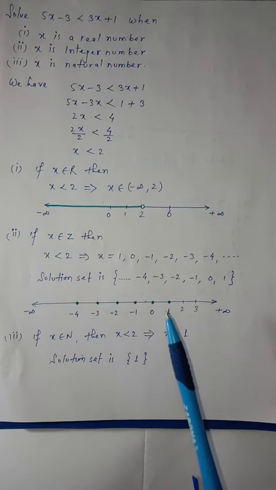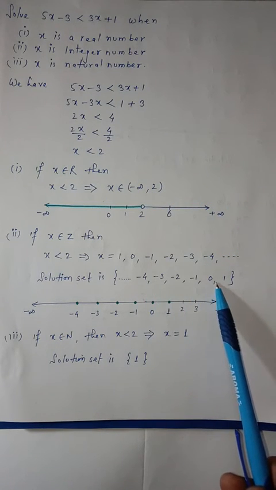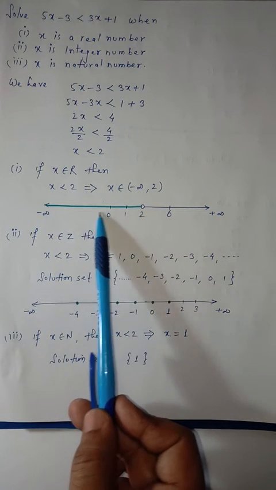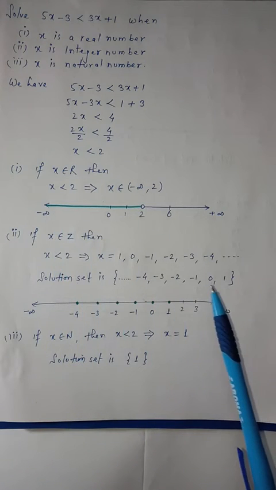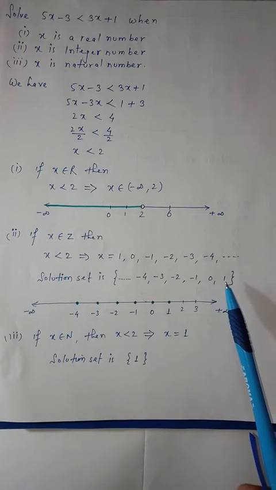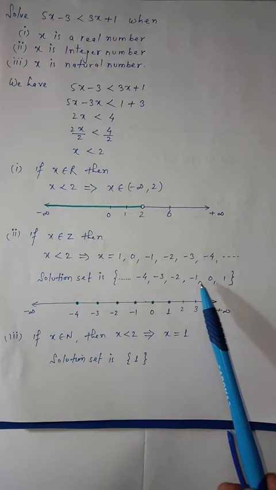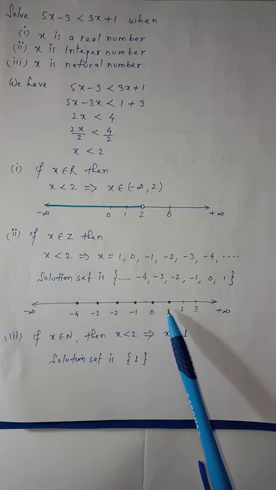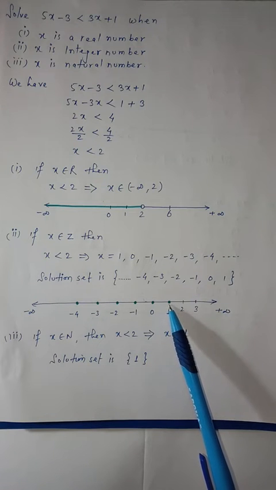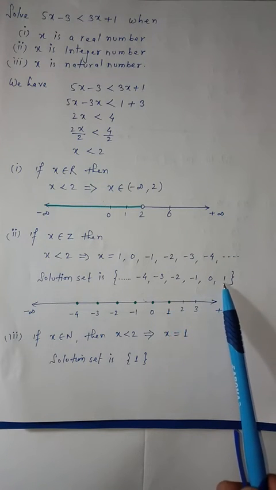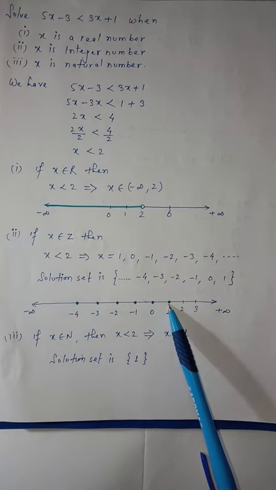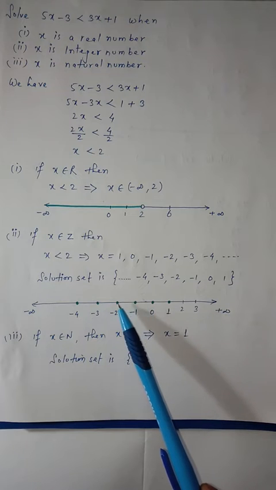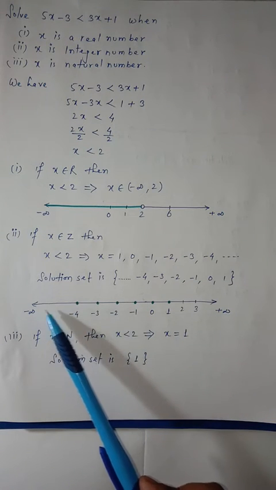So what is the procedure of drawing these numbers on the number line? Remember, we draw a thick line only when the solution is a real number, but here the solution is not real. Here solutions are limited, like 1, 0, minus 1, minus 2. So we have to show them by a circle only, like 1 is the solution, so mark a circle on 1, and only 0, minus 1, minus 2, minus 3, minus 4 in the same manner.